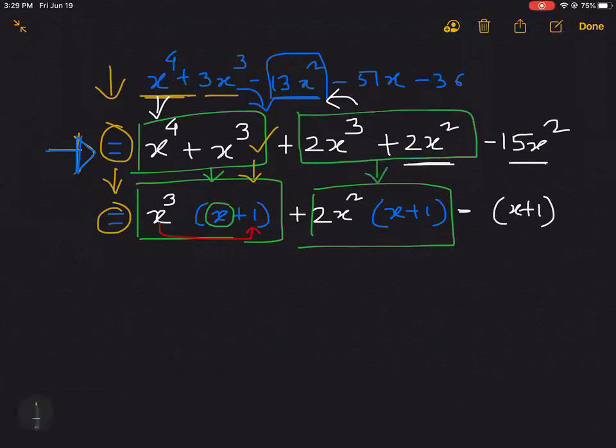So next up, we want to factor out x from the first element in our hands, which is this one, right? If I factor out x from this, what else will I have? Negative 15x. Very good.